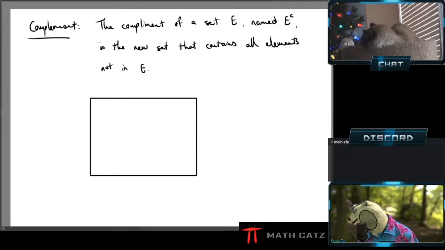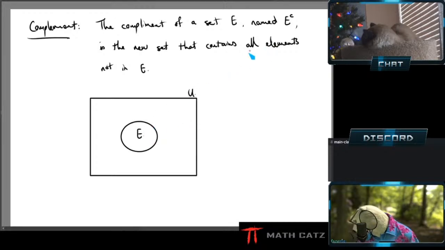Let's visualize that. Now, it's only coming from one single set, so I only need a single circle. There we go. In my universal set rectangle of everything, some of the elements are in E. Some maybe not.